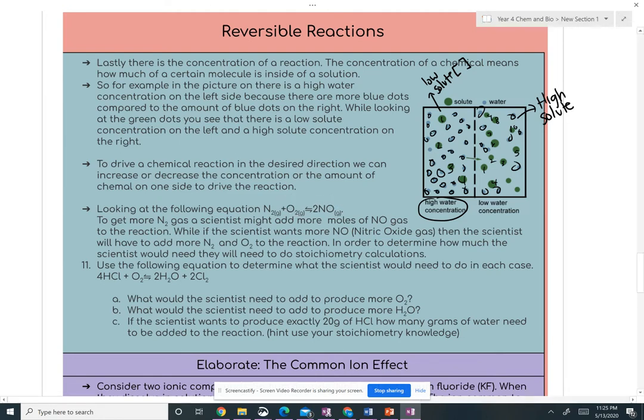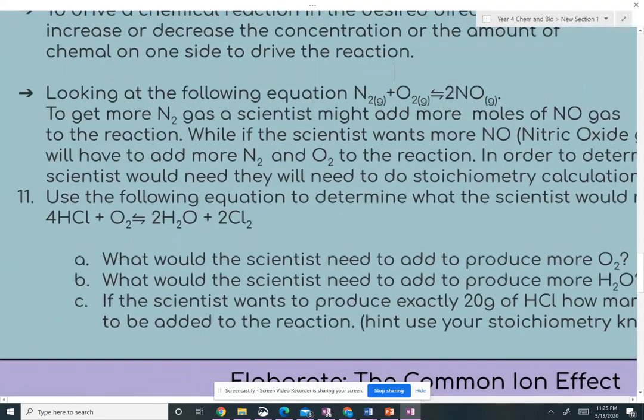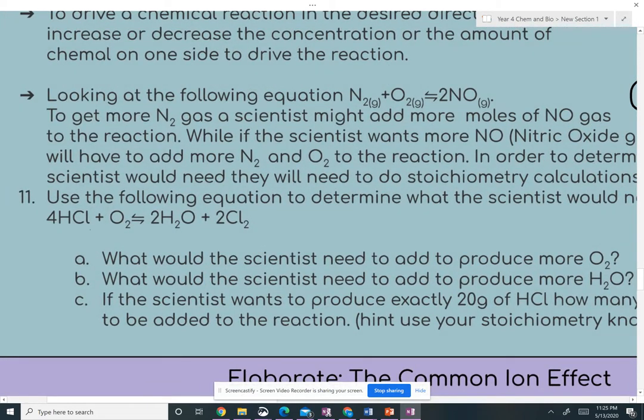So this is a more complicated reaction. This is hydrochloric acid. And if I add more HCl to oxygen, I'm going to get more H2O and more Cl2 until I run out of stuff, until I hit my limiting reagent.